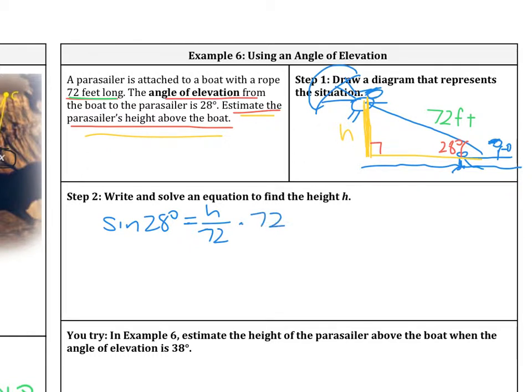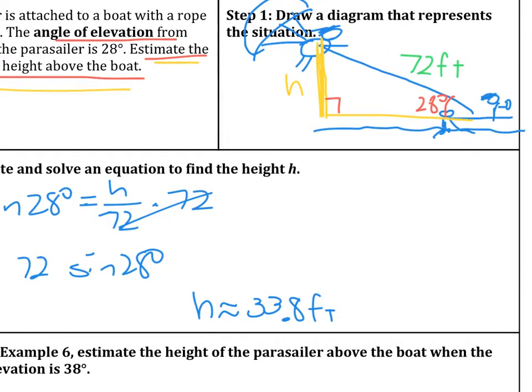So then, of course, you solve. So multiply by 72 to both sides. So the height is 72 times sine of 28 degrees. So if you plug it in your calculator, you should get a height of about 33.8 feet. Okay, so then you could write a sentence on that, of course.